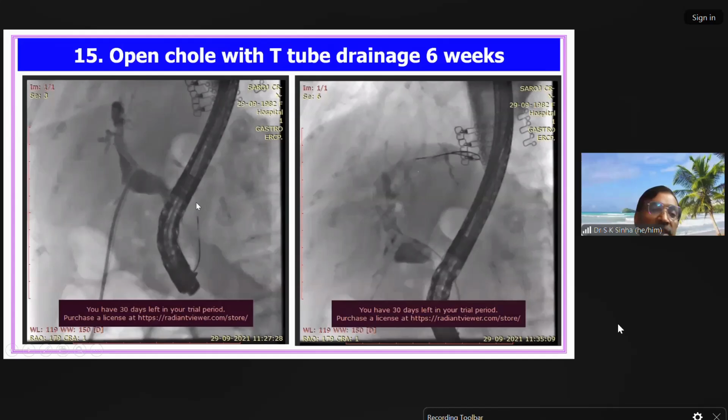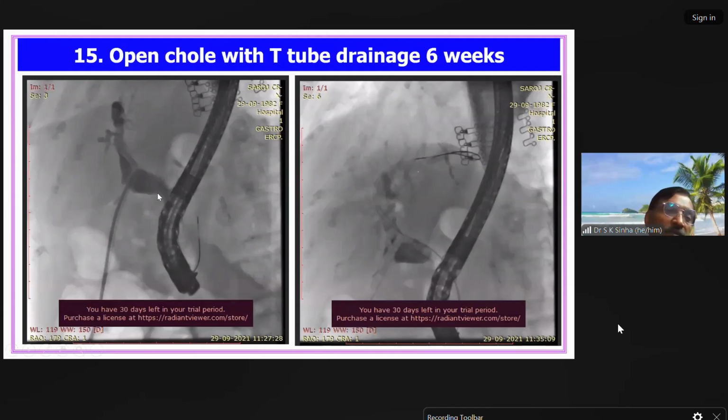So here it is a post-operative patient. You can make out that there is a T tube in situ, and with the T tube in situ, when do you do ERCP? Most of the time you will do a T tube cholangiogram, and if there is any residual stone, that is the purpose of putting the T tube, and then you will do ERCP for stone extraction.